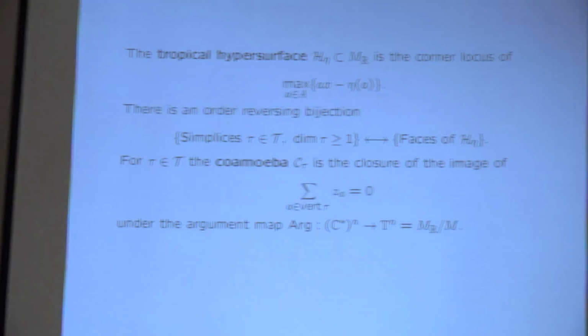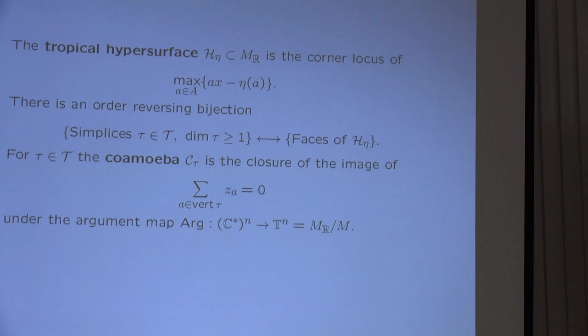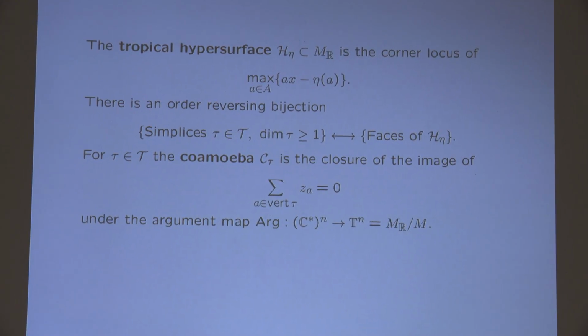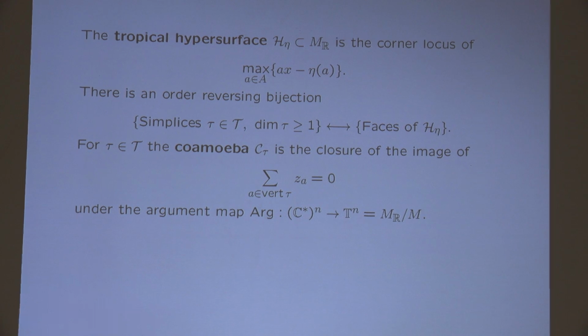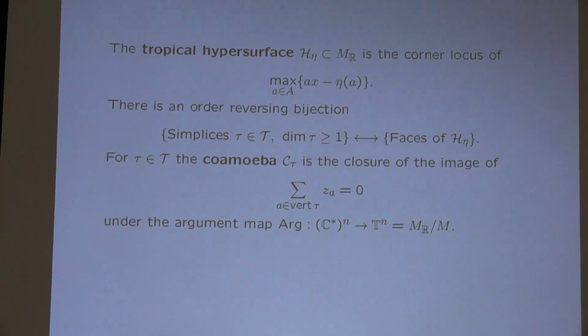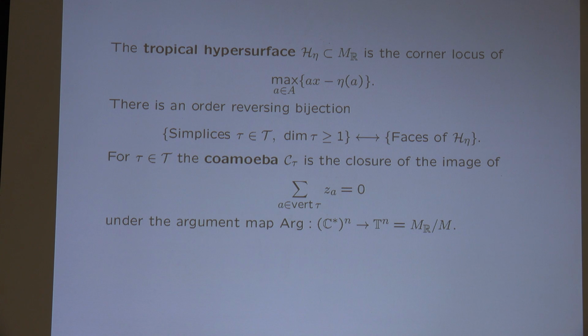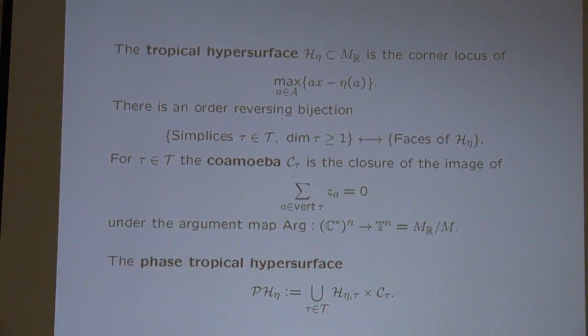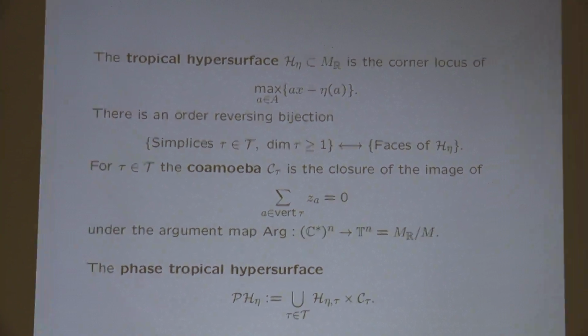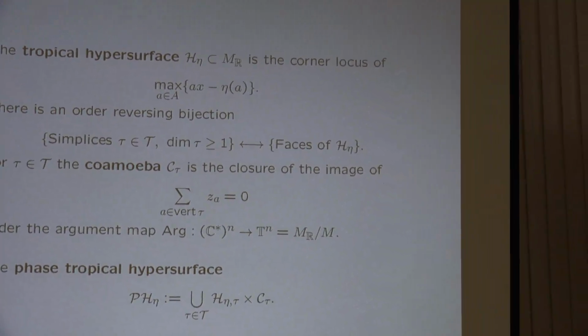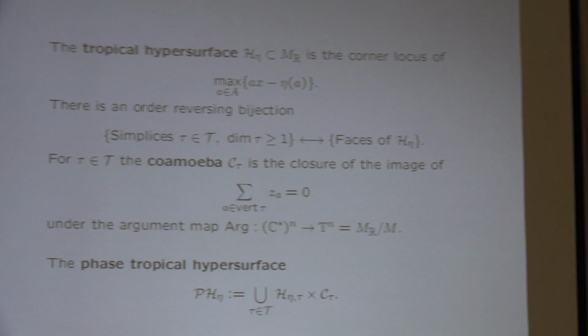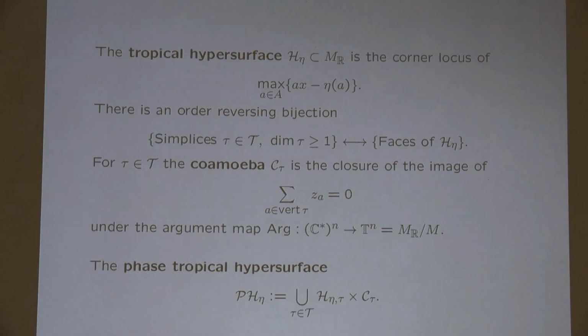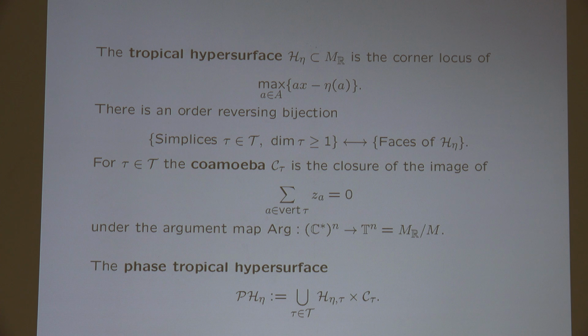If you have a stratum, say tau, then we have a corresponding face of h eta, and over that face we put this co-amoeba as a fiber. And we put it all together. That defines, at least, a topological space, which is called a phase tropical hypersurface.